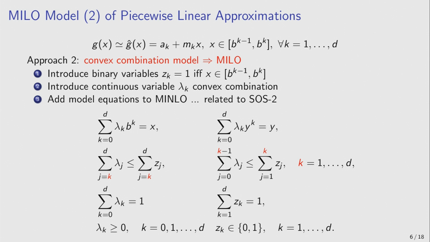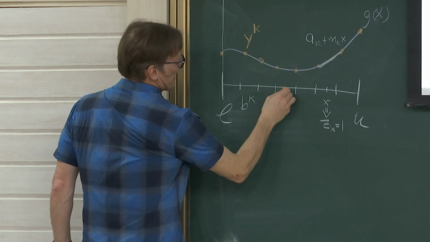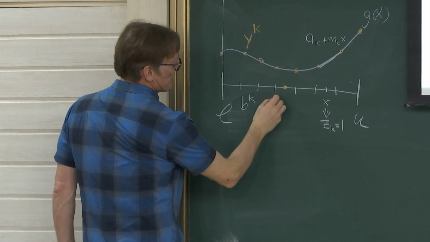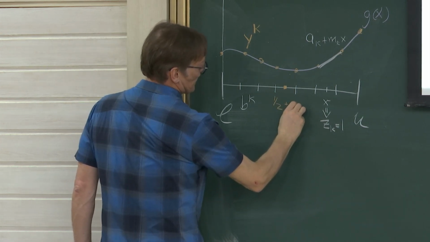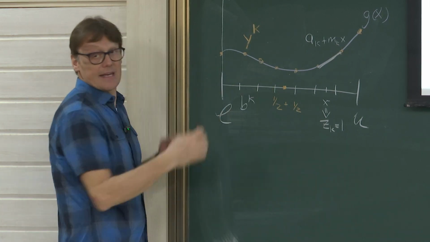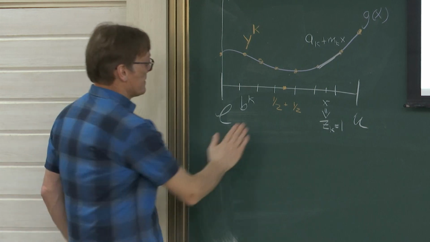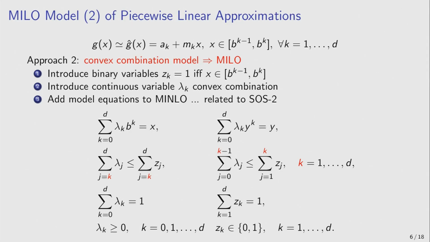The lambda k are non-negative, so that makes this a linear combination, and they sum up to 1, so it's a convex combination of the breakpoints. There's multiple ways of writing this, right? If I have this point here, I can write it as a half times this plus a half times this, or I can take in other breakpoints. So there's multiple ways of writing this, but we're going to eliminate most of those.